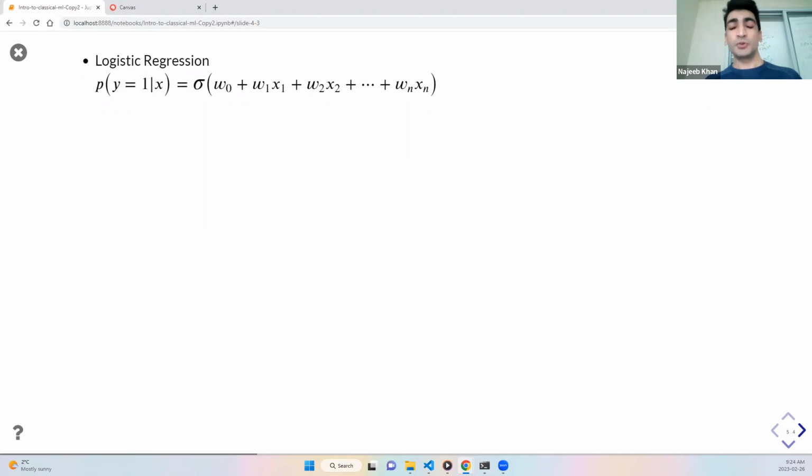There are classes of models, and logistic regression is one class of models. It's really similar to linear regression, except that you pass the output of the linear regression through this sigmoid function, and this gives you a probability of the output variable being 1.